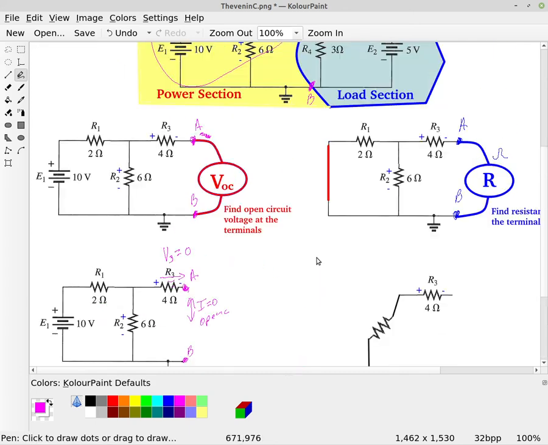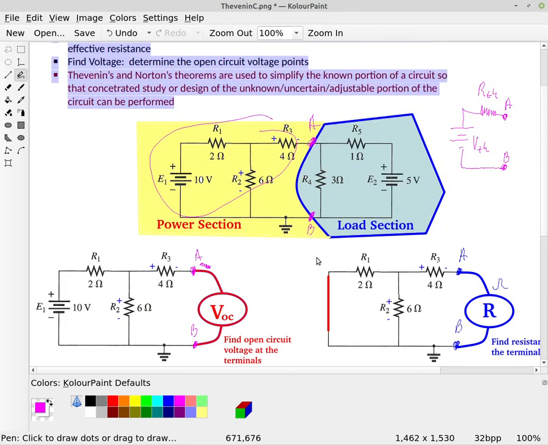Now we go back up to our Thevenin circuit, and we can state that V Thevenin is 7.50 volts. That's our Thevenin voltage for this circuit. So the open circuit voltage at points A and B, without the load section attached, is simply 7.5 volts.